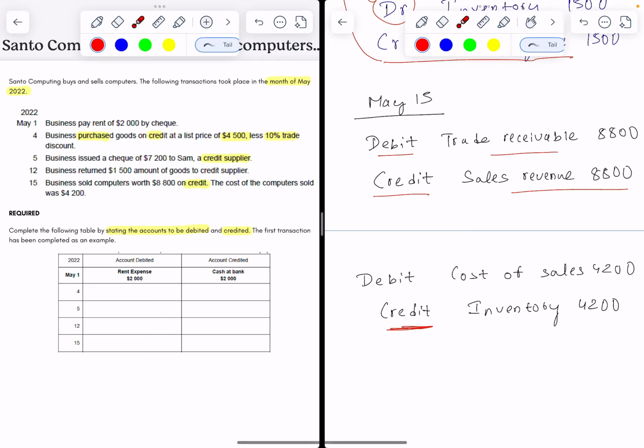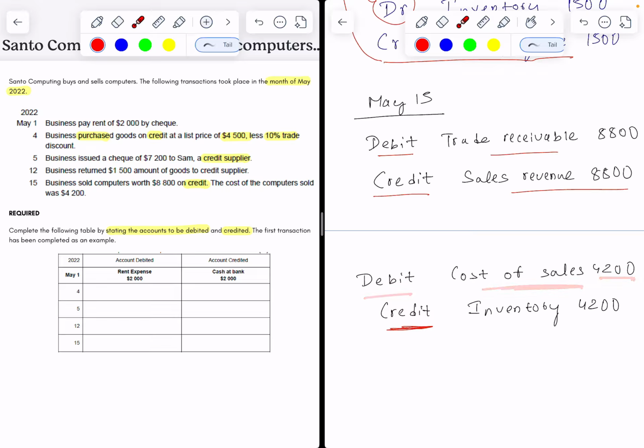Simultaneously, an expense is incurred for the business because obviously that is what happens when you generate revenue, you incur expenses along the way. And that expense account is the cost of goods sold account. And because it is an expense, we debit it. And we debit it by the amount of $4,200, which is the actual cost of the business of initially acquiring this inventory from the supplier in the past before selling it today on May 15 at a profit to a customer, okay?